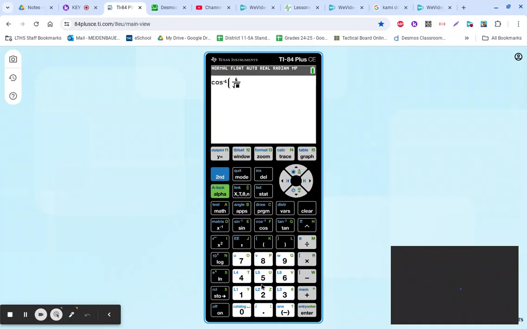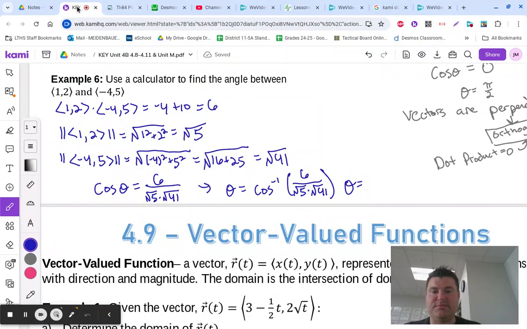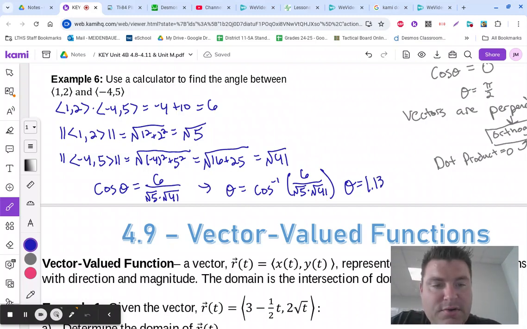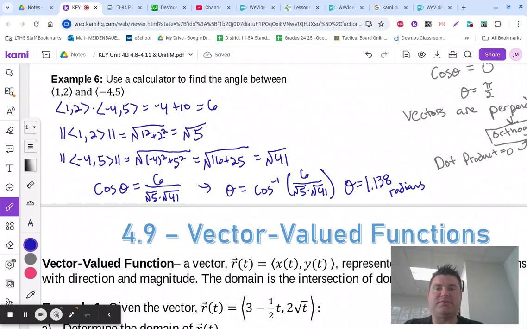Square root of 5 times square root of 41. Let's make the end this fraction, and we're going to get 1.138. So our answer is going to be 1.138 radians.